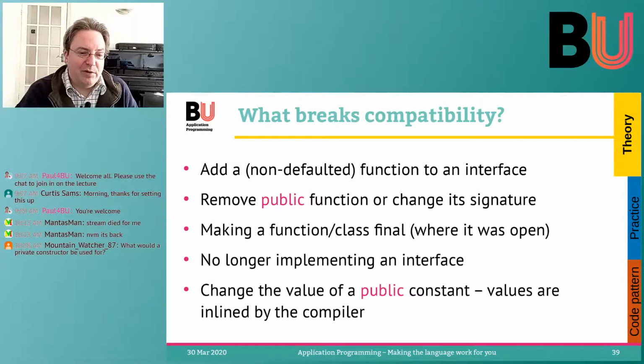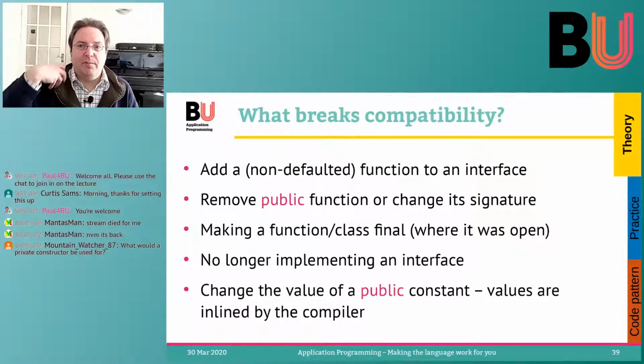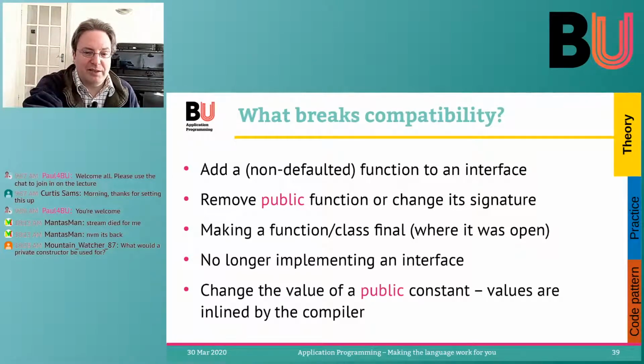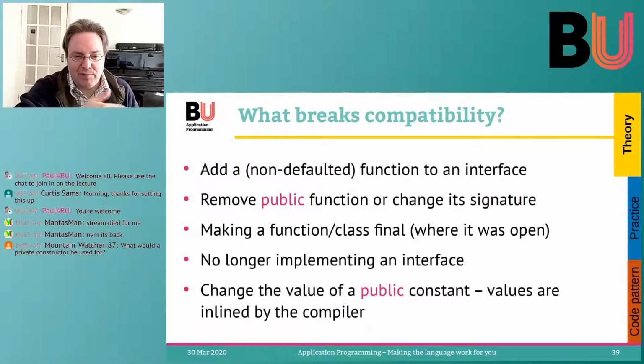If you have a function that's public or you change the signature, so public or protected actually. So protected is public for API purposes. It's just only limited to inheritors. But as long as someone can inherit, so if it is possible for external code to inherit your class or your interface, or an interface doesn't have protected visibility.